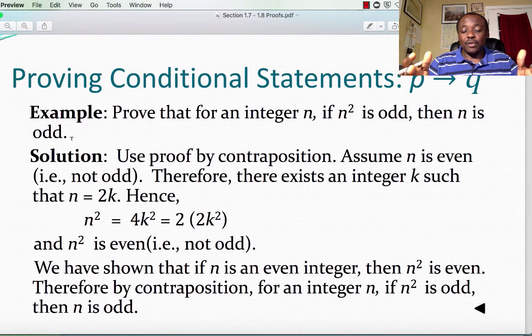Again, if you follow the procedure we used in the previous problem, you'll quickly run into some difficulties, and then you have to prove it by contraposition, in which case we'll be proving that if n is even, then n squared is even. Again, I'll leave that for you to execute. I'll prefer that you write your own proof and not just follow what is written here.